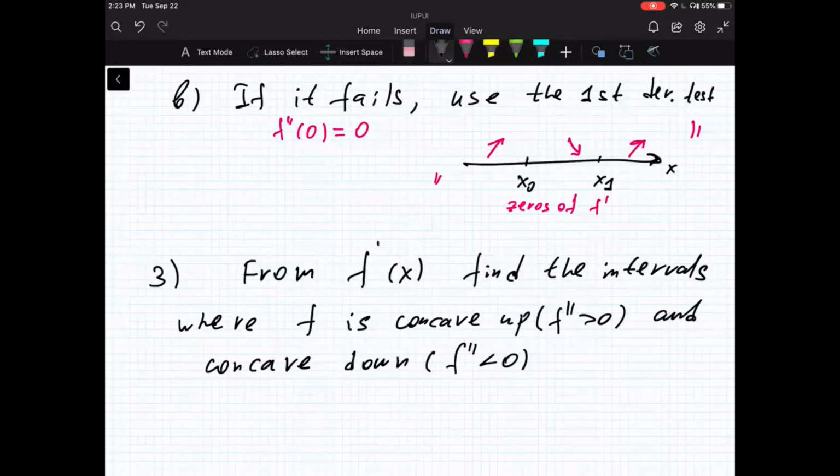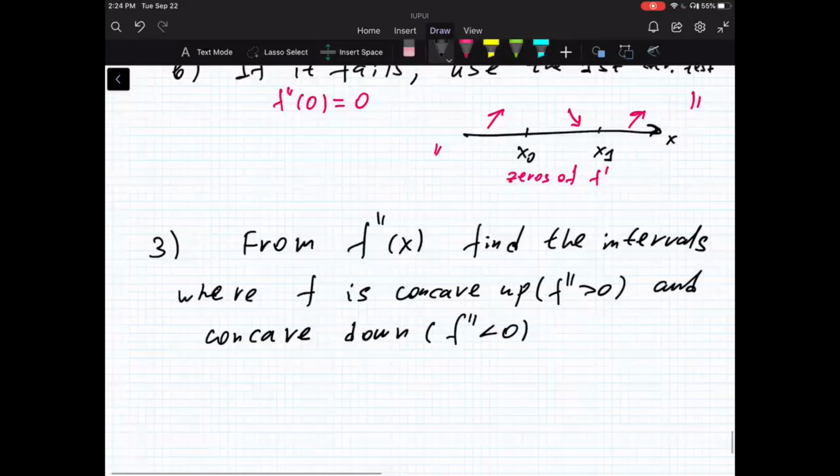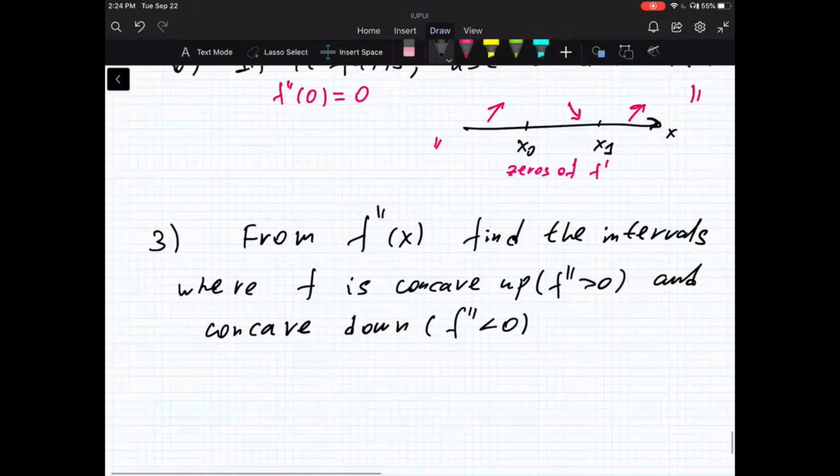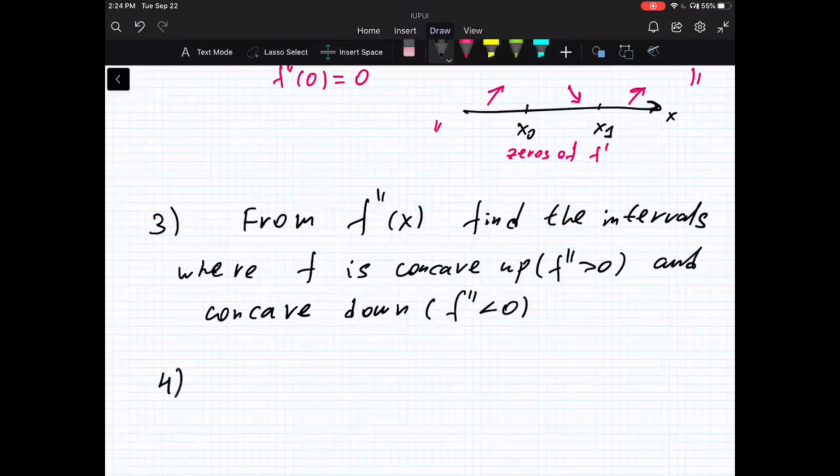And yes, once you determine the intervals where the function is concave up and concave down, from that information you can find the inflection points, right? Because inflection points are, by definition, the points where your function changes the concavity.